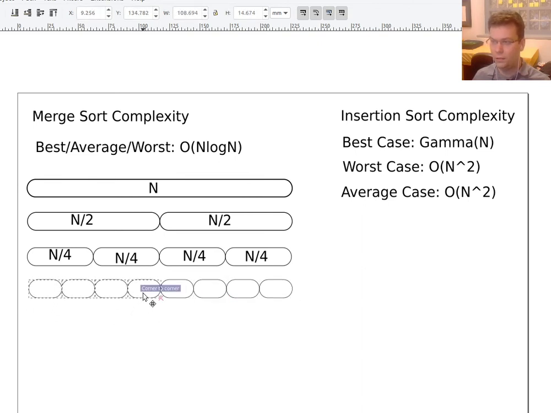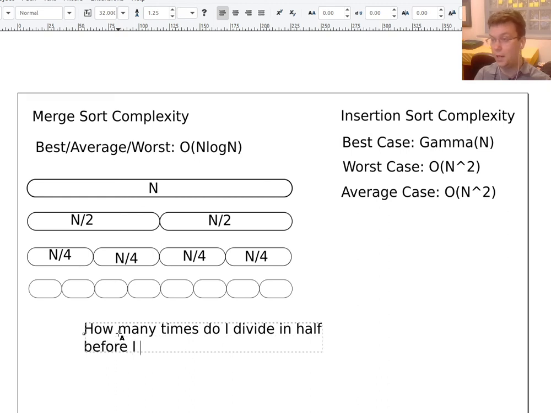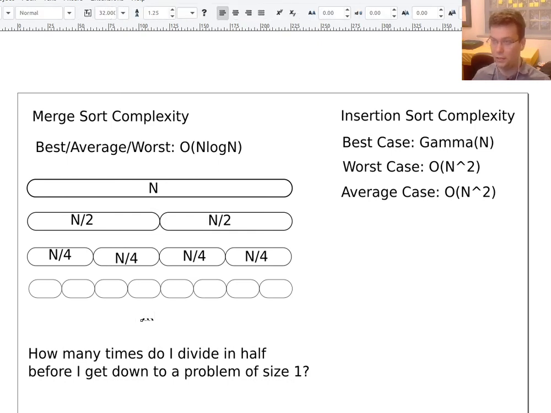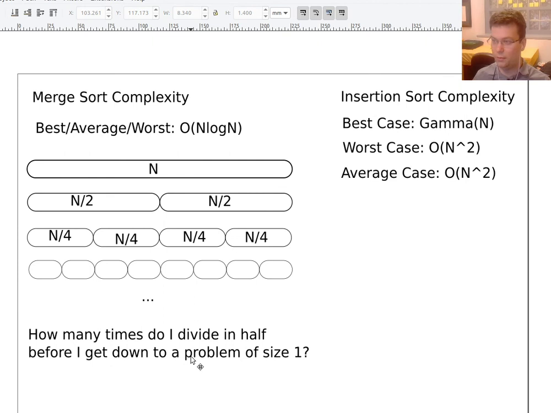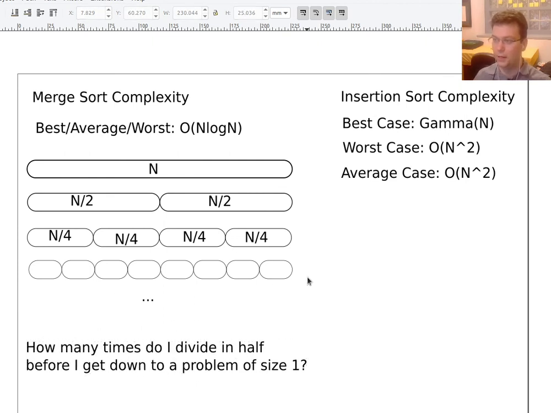So we just have to ask the question, how many times do I divide in half before I get down to a problem of size 1? Well, we're going to say dot, dot, dot. And eventually we're going to have a bunch of problems of size 1, which is the stopping condition.